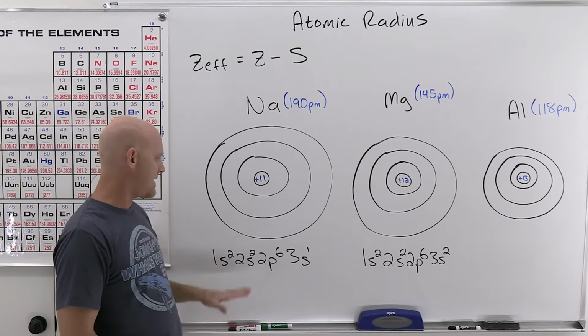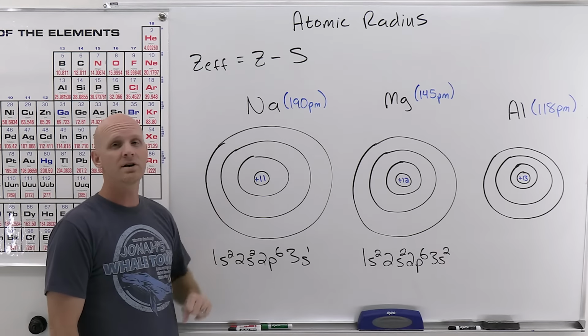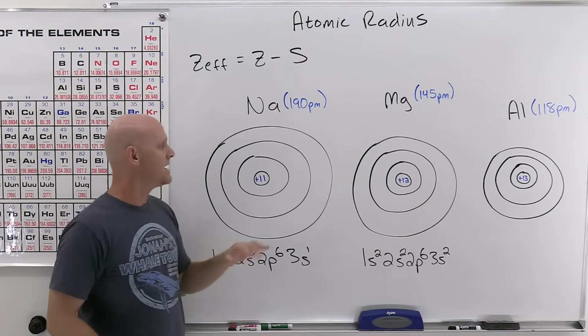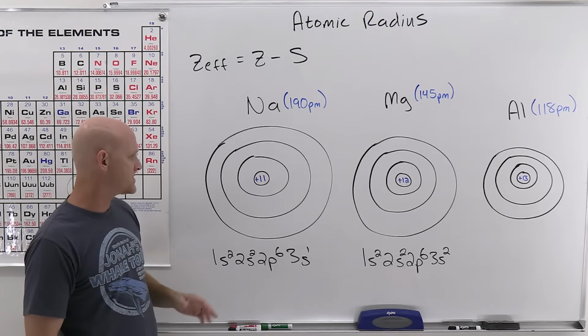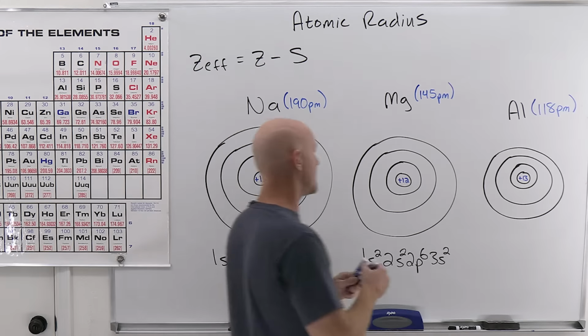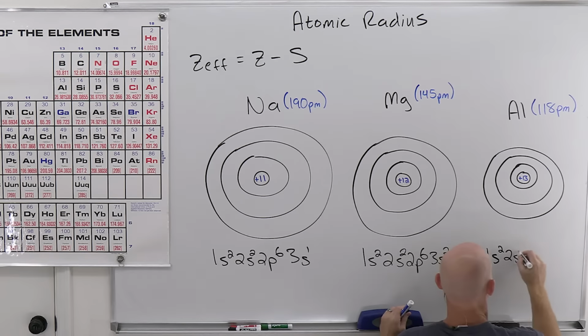And then we're going to take a look at the electrons here. I've broken this up using the Bohr model of the atom. It has some utility in this case, even though we know it's a little bit wrong, in explaining this effective nuclear charge. Now, in the first shell of electrons, all of these have 2 electrons, and I forgot aluminum's electron configuration here. Let's get it up on the board.